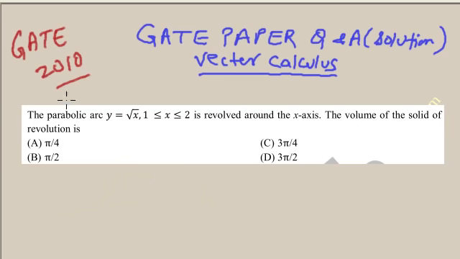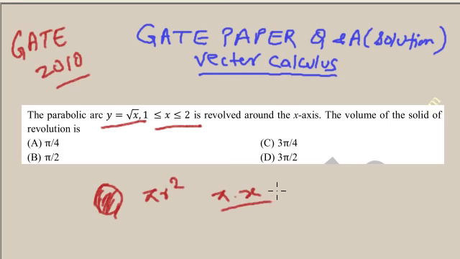Here is another question from GATE 2010. The parabolic arc is this, and if you revolve this in this range, you are required to find the volume. You can get the volume by first calculating the area of revolution and then integrating it. The area of revolution is pi r square, where r is root x, so pi into root x whole square, means pi x.